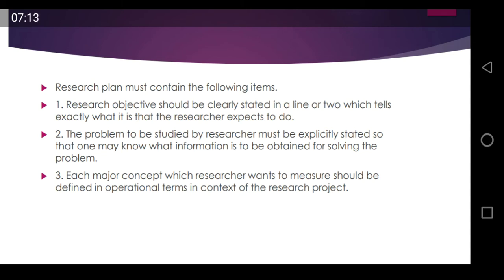the problem to be studied by the researcher must be explicitly stated so that one may know what information is to be obtained for solving the problem. Exactly. If you studied the problem and clearly understood all the objectives, you can explicitly state it, so that one may know what information is to be obtained for solving this problem. Requirement.